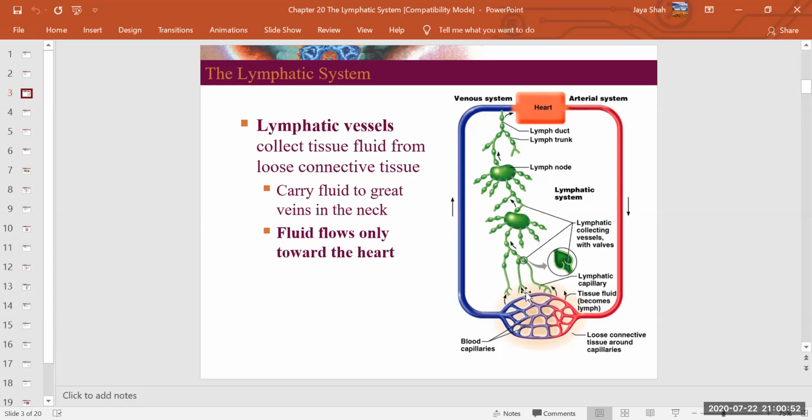Those tissue fluids become lymph in the tissue, and those lymphs are collected by several layers of structure in the lymphatic system, and those are lymphatic capillaries, the smallest structure. You see, the heart is double ended, but if you see the flow in the lymphatic vessels, this is blind ended.